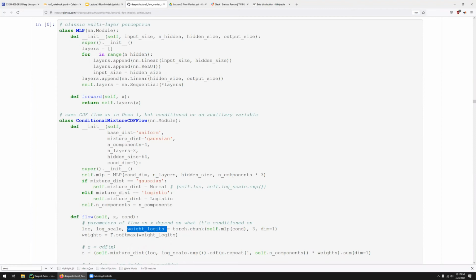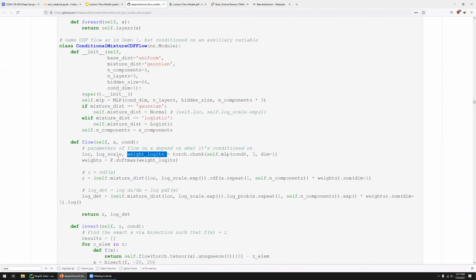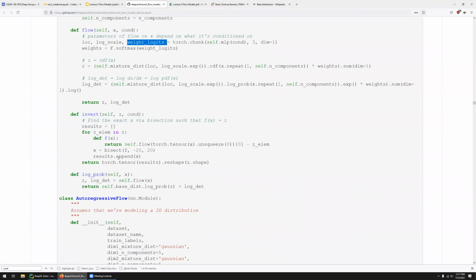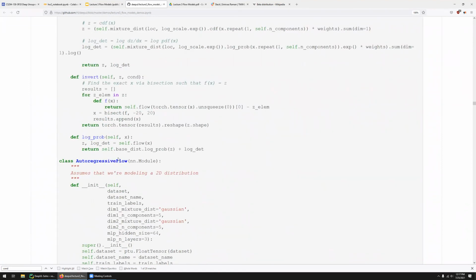So I think that's what this MLP does, to learn whether you're using it for X1 or for X2, and I believe we're using the same one for X1 and X2.